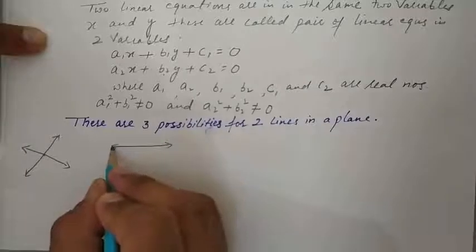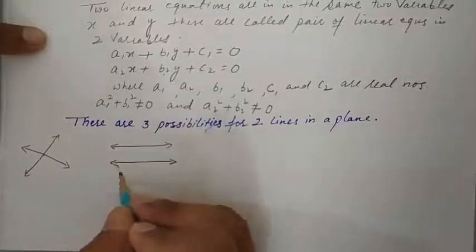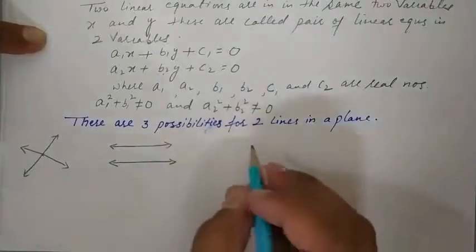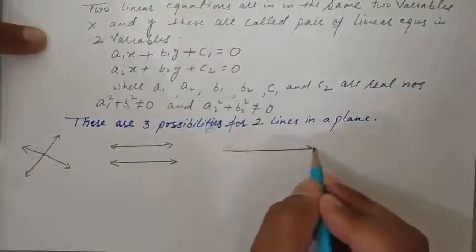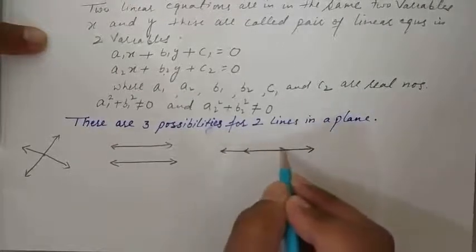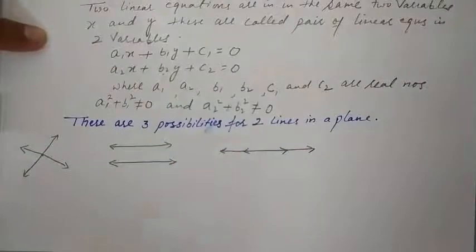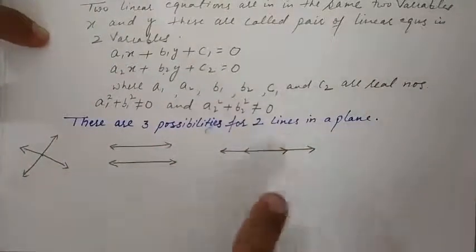So when the lines are parallel, lines will not intersect at any point, they are parallel. And third one is lines are coincident, they are overlapping. So here two lines are overlapping.